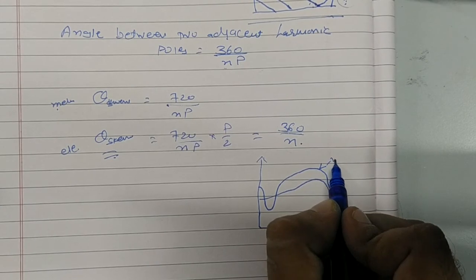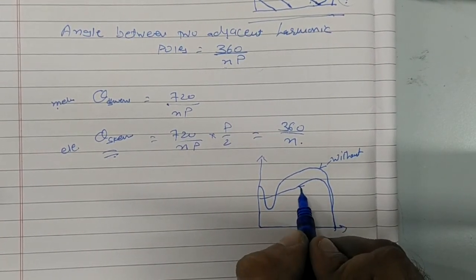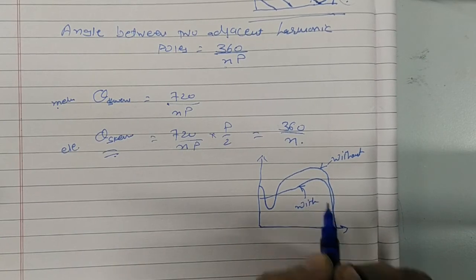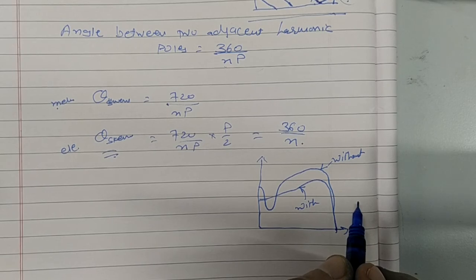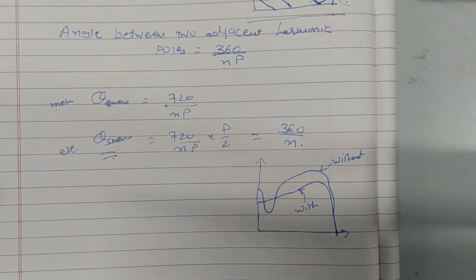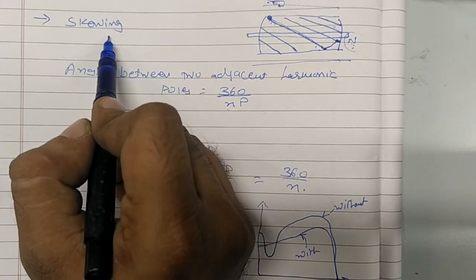So this is without and this is with skewing. You can get a better shape of the torque slip characteristic. This way you can reduce the harmonics. One method is skewing.